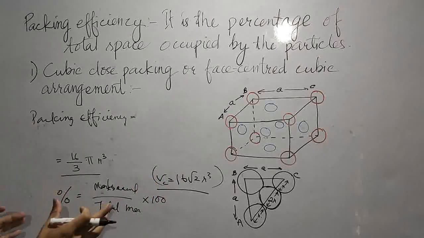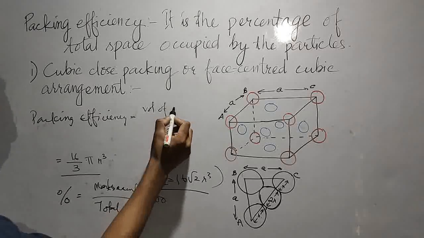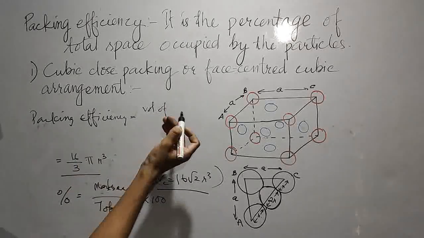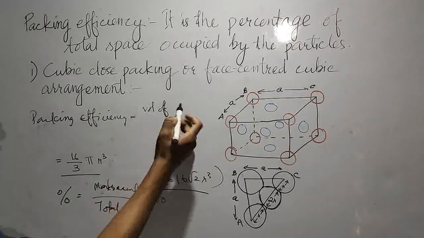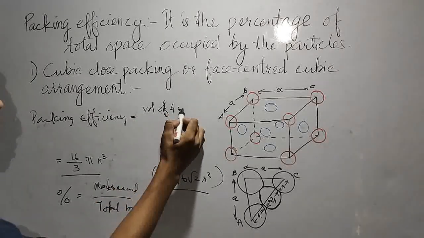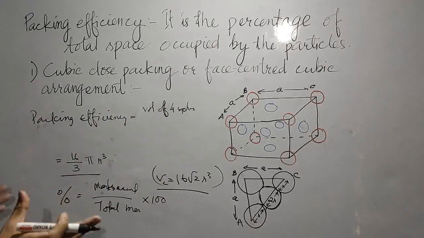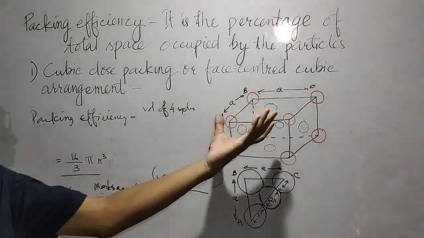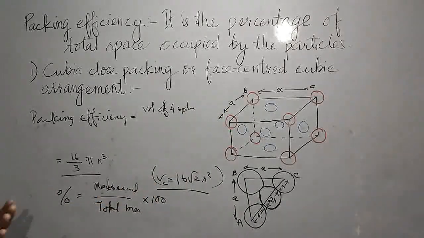So here it will be volume of 4 spheres, because it is the particle that is occupying the space of the unit cell, and the larger area is not the particles, but it is the unit cell that is having the larger area.